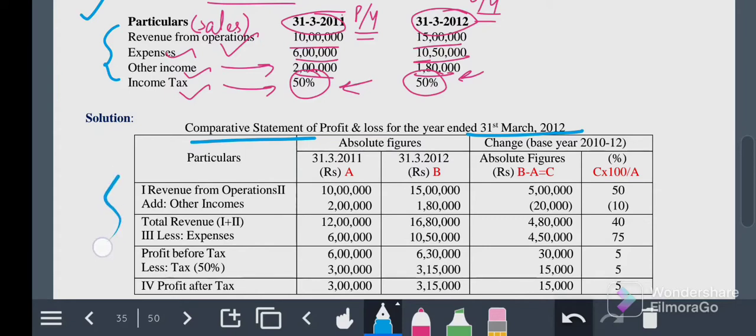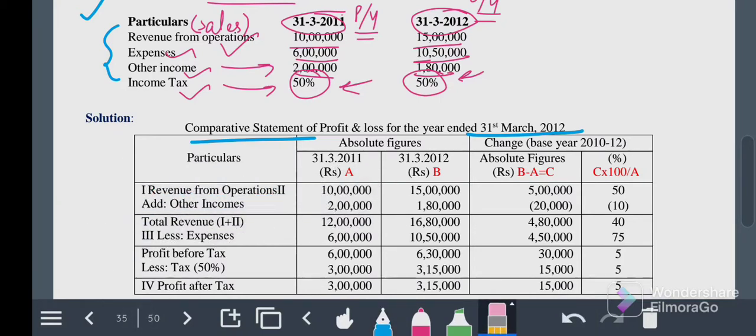In the particulars part, you have revenue from operations, to which you have added the other income. Then you get total revenue, by 1 plus 2. One was revenue from operations, which is sales, and the second was other income. So you added sales with other income and got the total revenue.